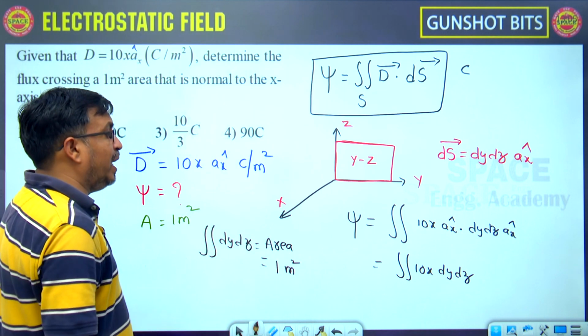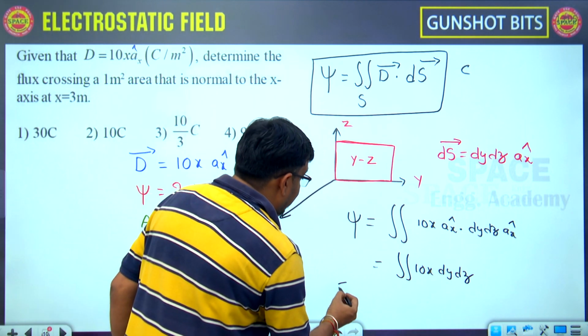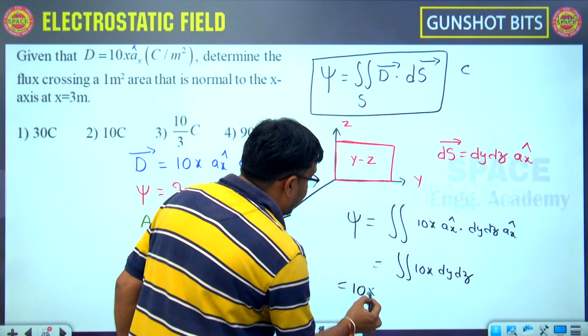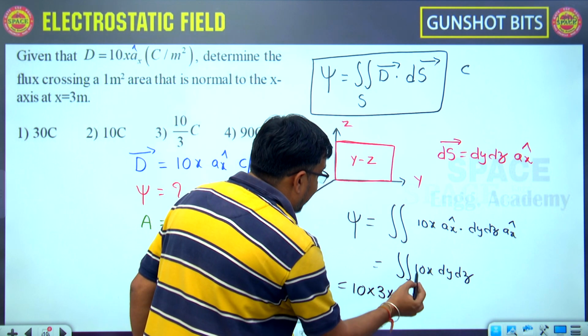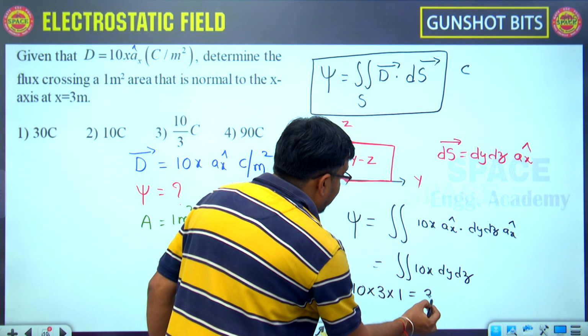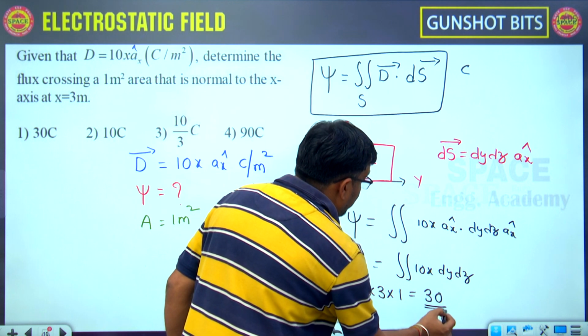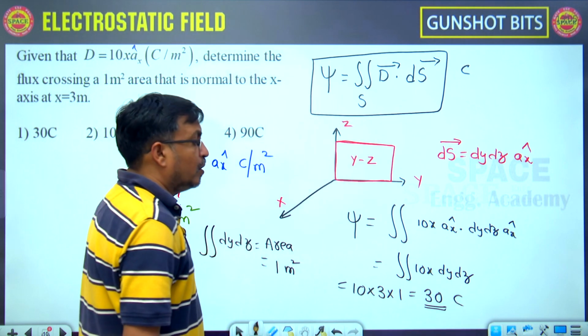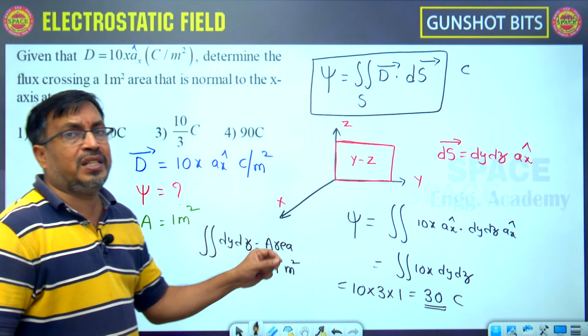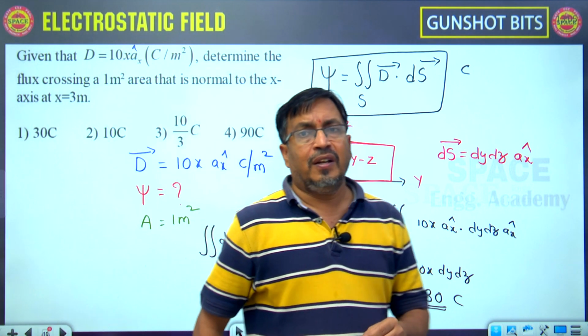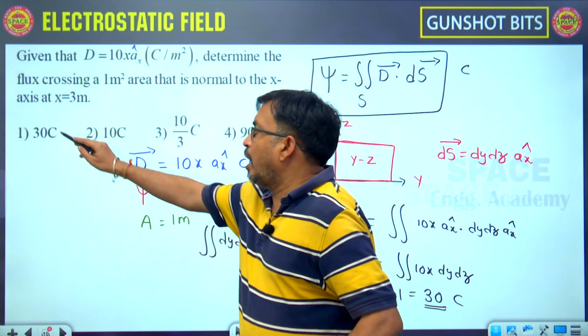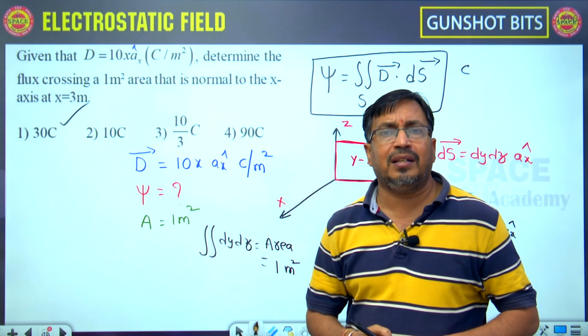So I write 10 into the x value, which is 3, times the double integral of dy dz, which is 1. So the answer is 30 coulombs. Electric flux units are coulombs. 30 coulombs is the answer, so from the options, option 1 is the correct answer.